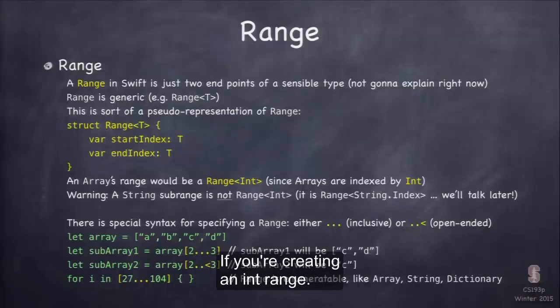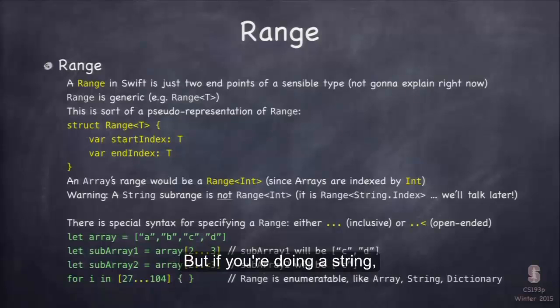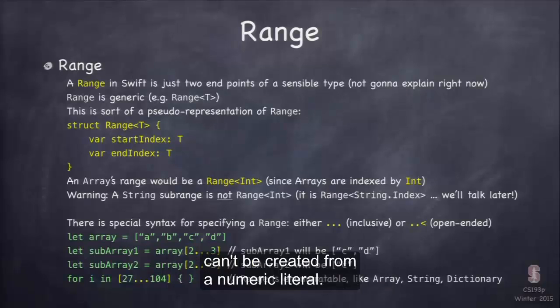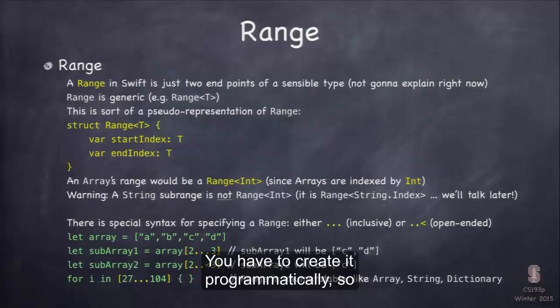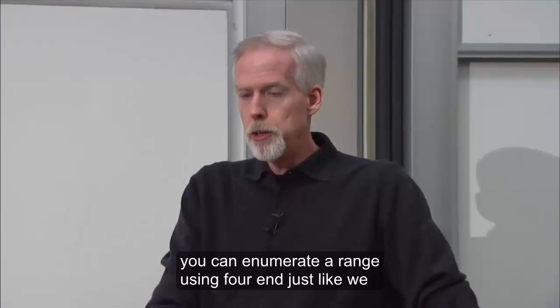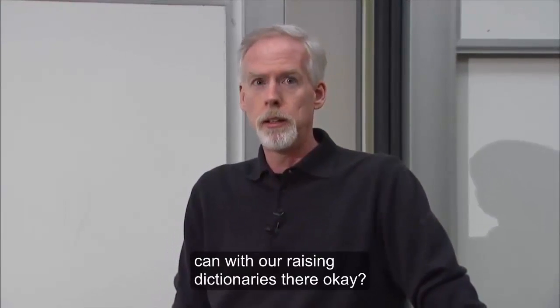If you're creating a Range of Int, they'd be ints, but if you're doing a string, they have to be String.Indexes. That's a little harder to create because a String.Index can't be created from a numeric literal. You have to create it programmatically, so we'll talk about that in about 10 slides or so. And you can enumerate a range using for in, just like we can with arrays and dictionaries.